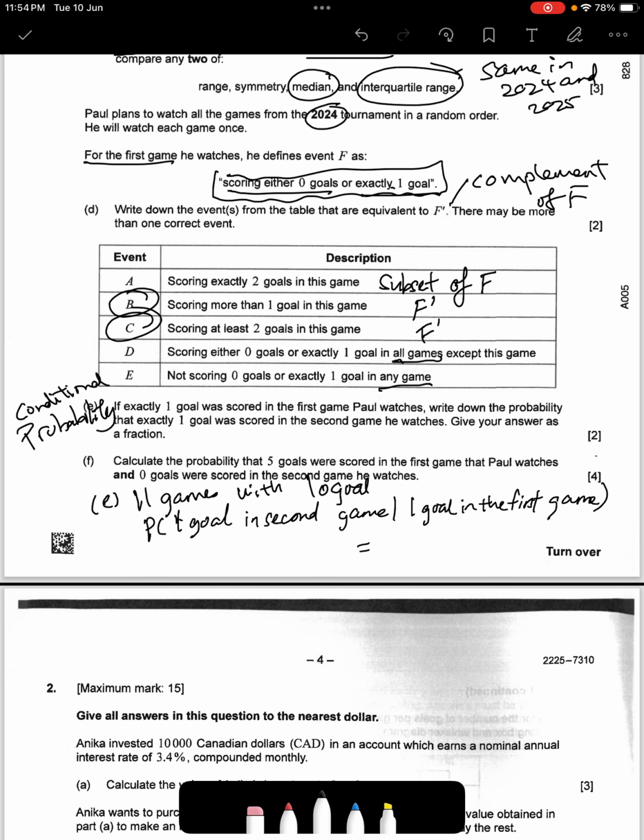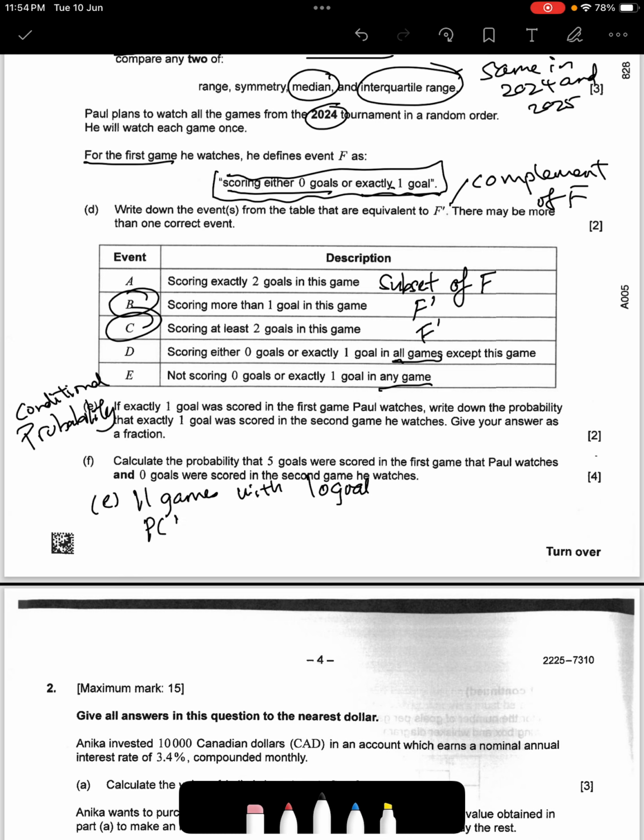So if I have 10 games with one goal after watching the first game, and I divide this by 34, that's going to give me 5/17. So that's by using logical sense, right? Because both of the games are scored with one goal, we can simply write the probability as 10 out of 34, which is 5/17 for this one.